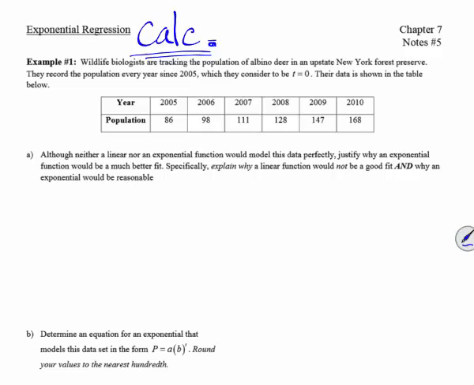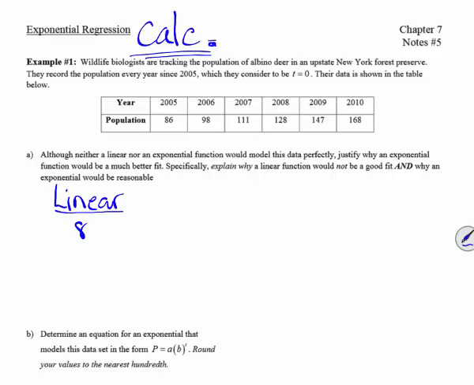Because in a linear, you have to have a common increase or decrease. And in an exponential, you have to have a common ratio. So when I look at these, I'm going to compare. What am I going up by in each one, and then what am I going by as a ratio.